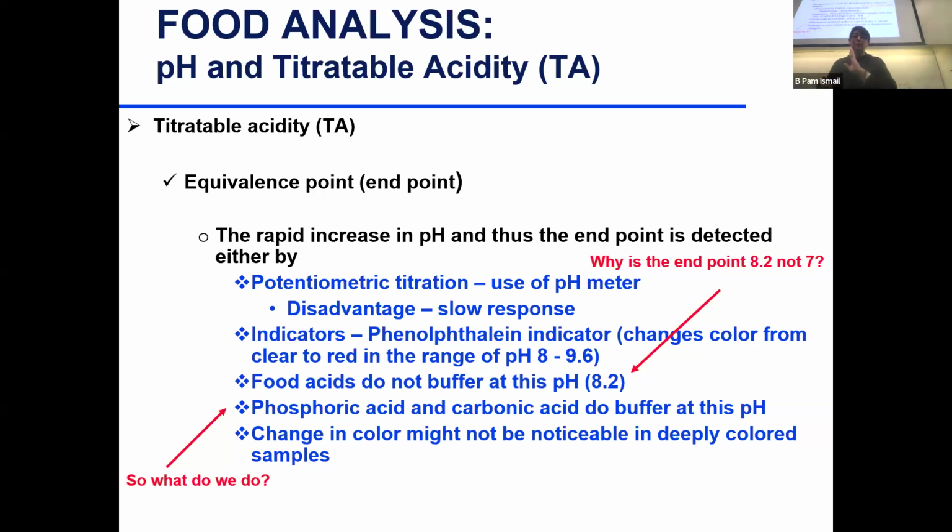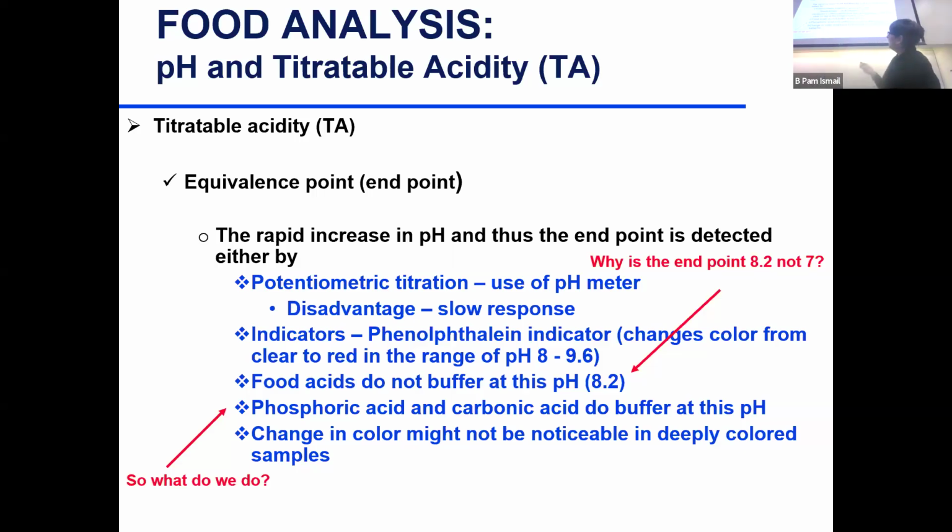And it so happens that this pH is in the range of phenolphthalein changing color. Once phenolphthalein turns pink, that's the end of the titration. The good thing is that food acids don't buffer at pH 8.2.